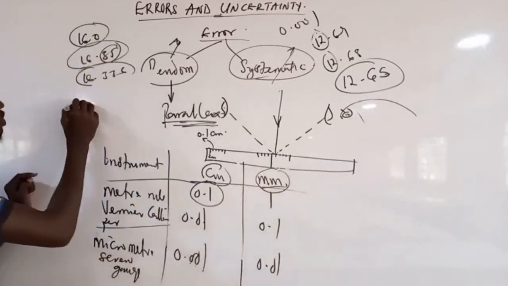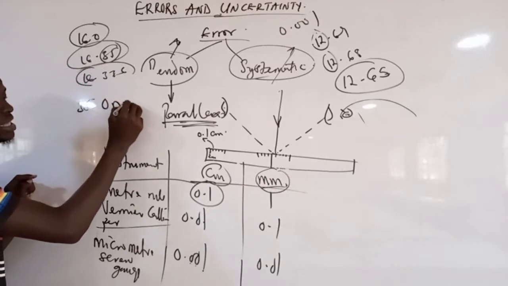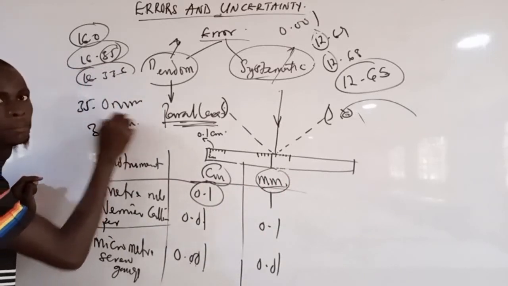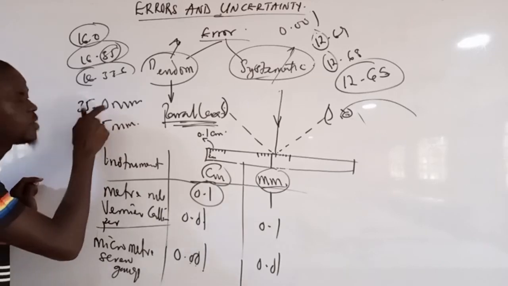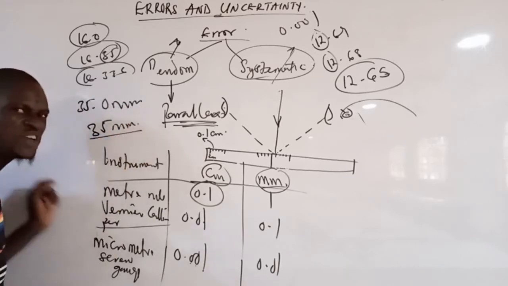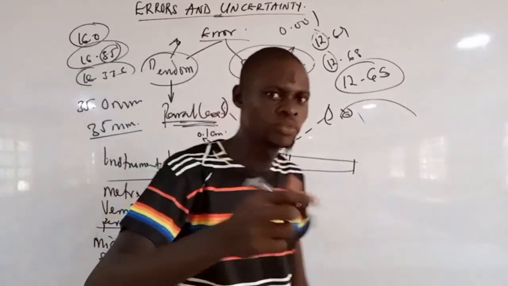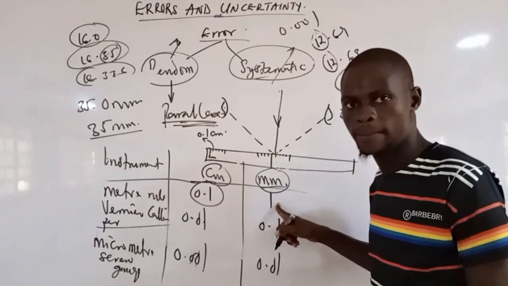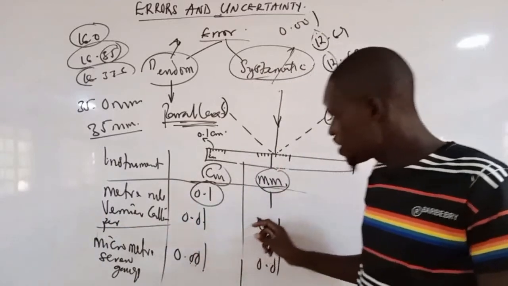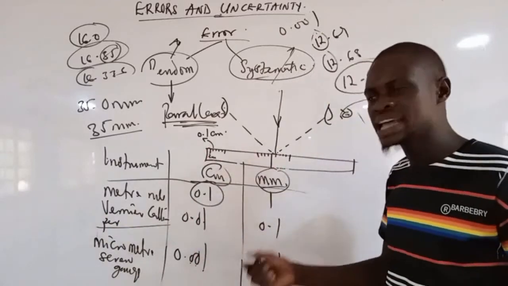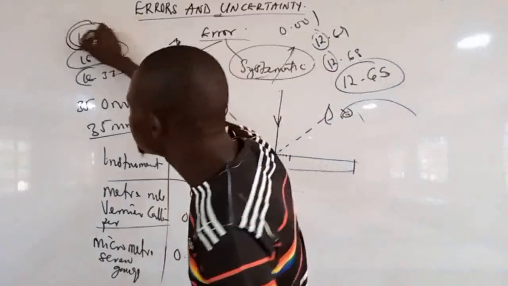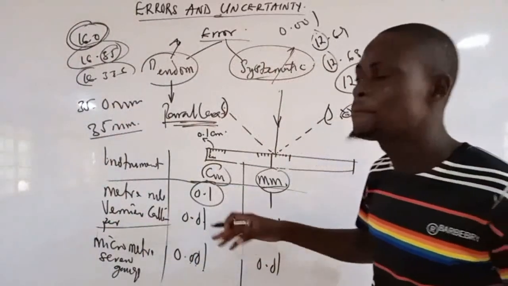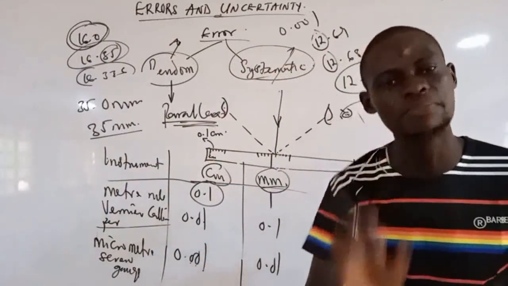If you see something like 35.0 mm, it is wrong. It is 35 mm. Nothing like 35.0 mm. That is the reading because it is to the nearest whole number. Now, for the Vernier caliper, if it is in millimeter, then it is in a single decimal place. While for the micrometer screw gauge, it will be in 2 decimal places in millimeter.